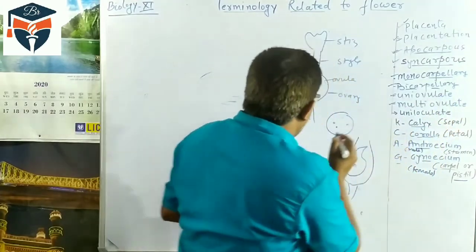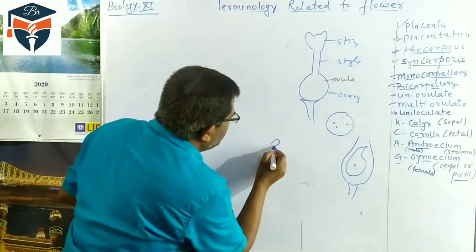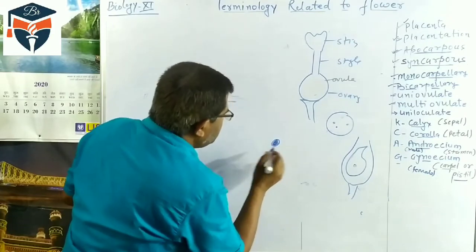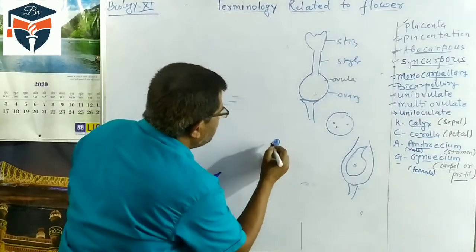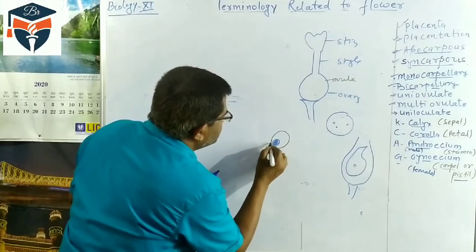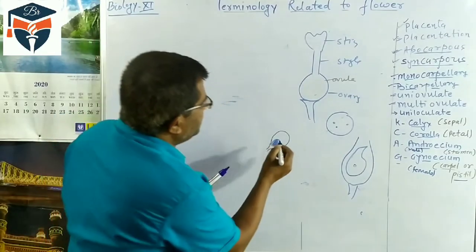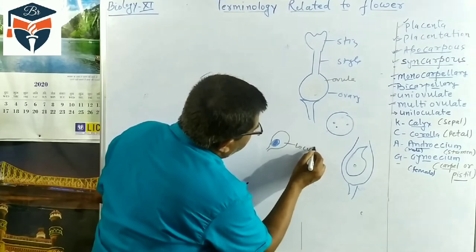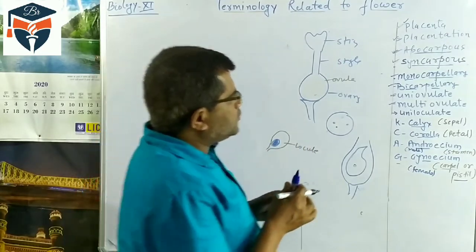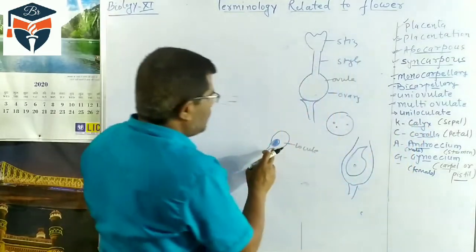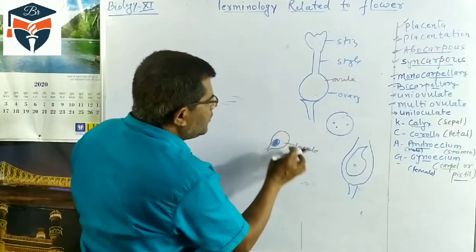In this ovary, this is the one ovule, and the ovules occur inside one sac. If ovules occur inside the sac, this structure is called the locule. So one ovule is there and one locule is there.